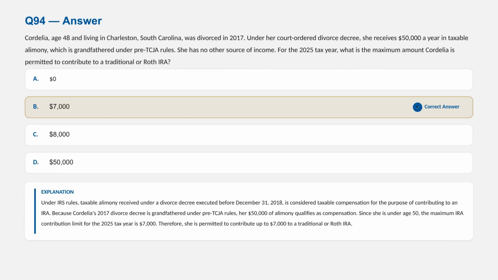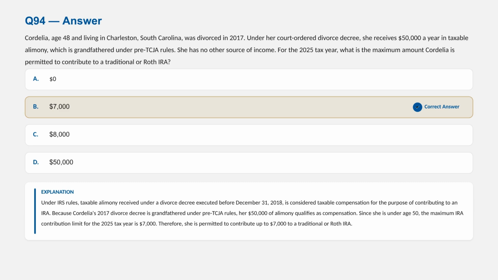The correct answer is B. $7,000. Under IRS rules, taxable alimony received under a divorce decree executed before December 31st, 2018 is considered taxable compensation for the purpose of contributing to an IRA.